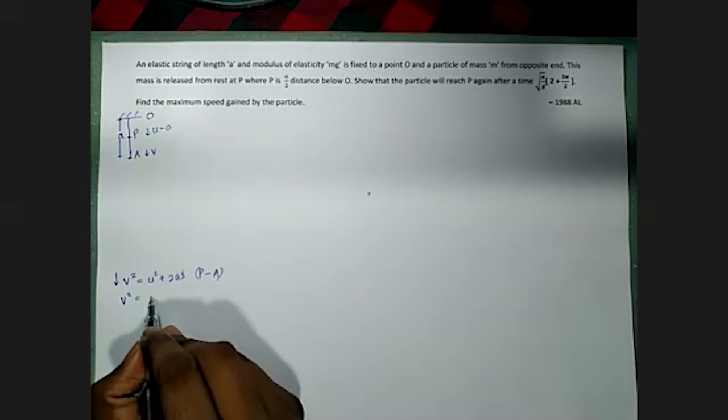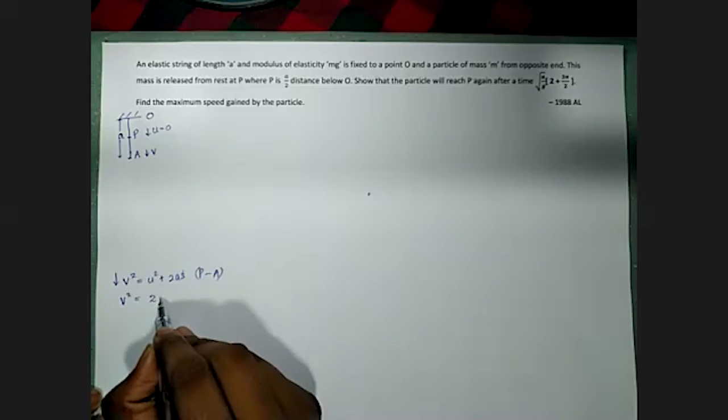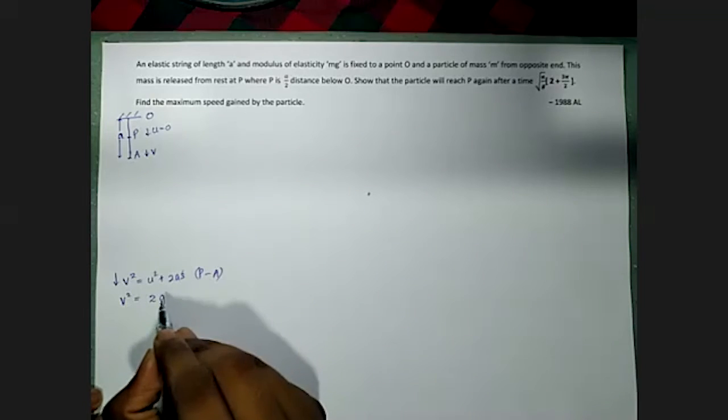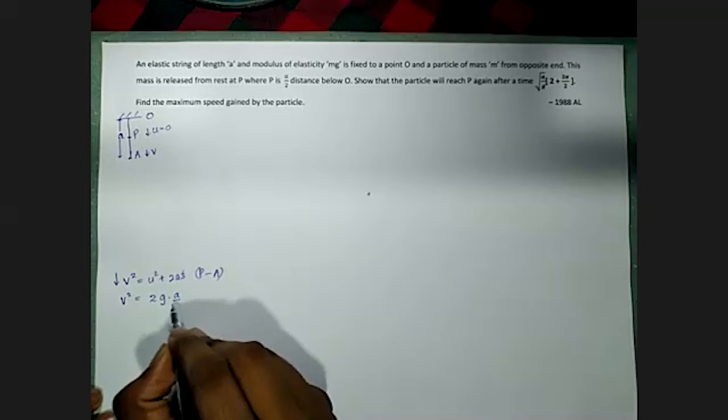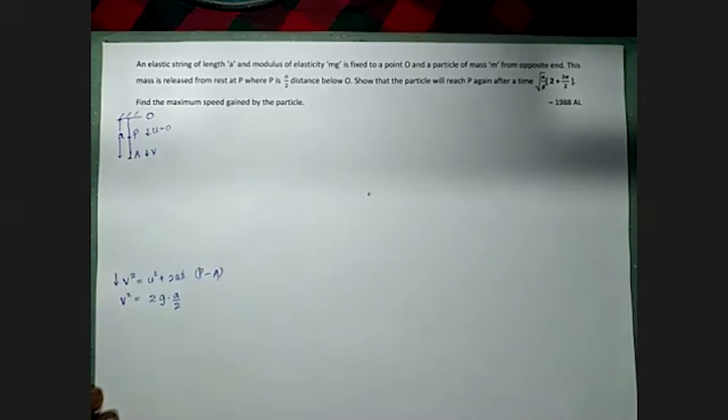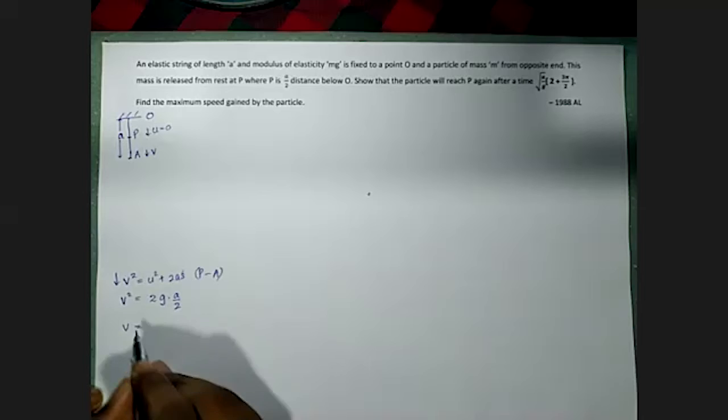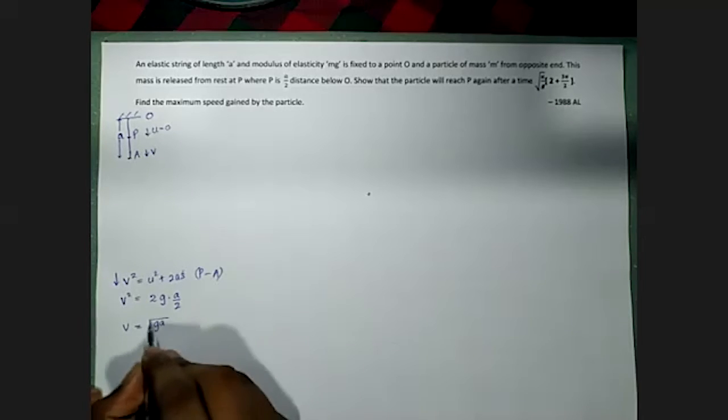There is no initial velocity. 2 times acceleration, which is gravitational acceleration, times distance moved, which is a by 2. From P to A, the distance is a by 2. Then we can say velocity is square root of gA.